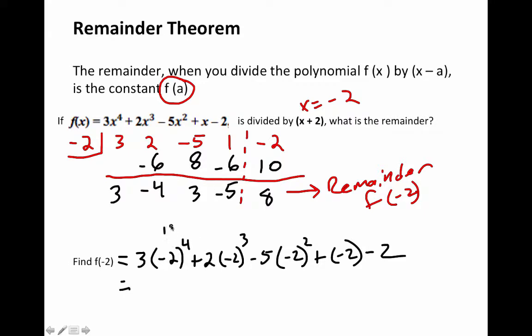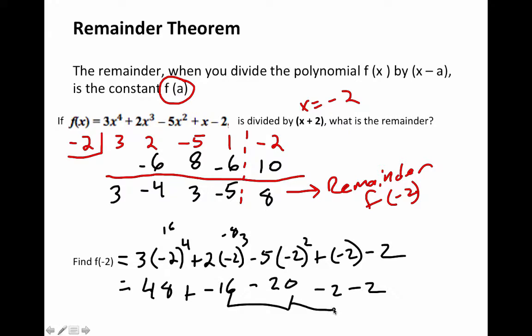This is +16 times 3 is 48, plus -2 to the third is -8, and 2 is -16, and 2 squared is 4 times 5 is -20, and this is -2 minus 2. And it looks like I got -36, -38, -40. So I got 48 minus 40 is 8.